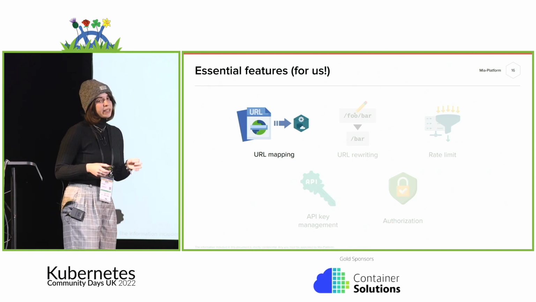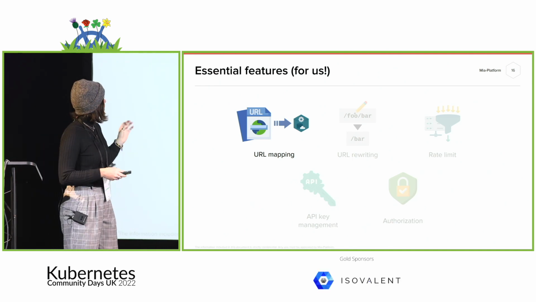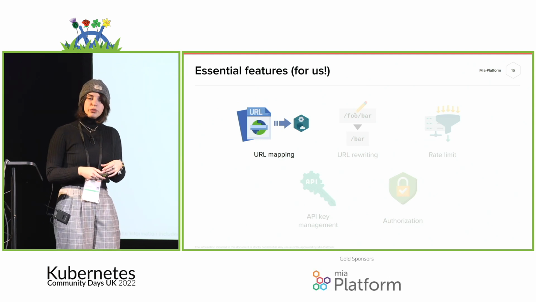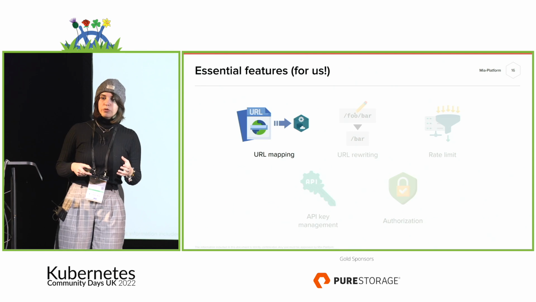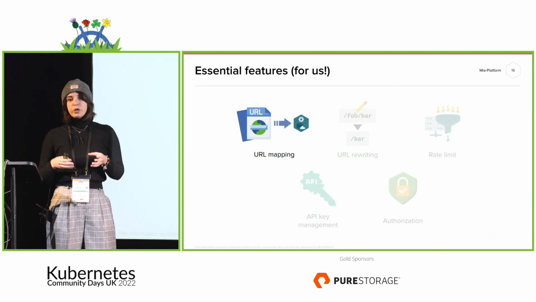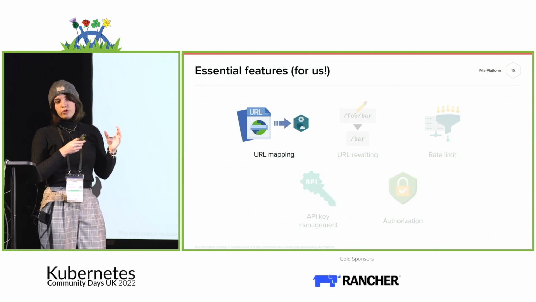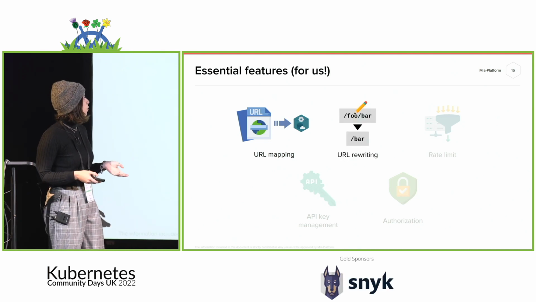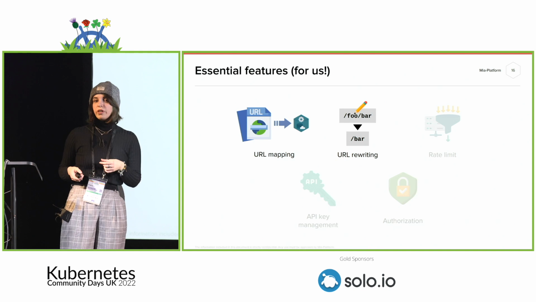For an API gateway, it is essential that it should be able to map a URL to the underlying microservice in order to redirect the request correctly to the service underneath. And this usually comes with this other feature, which is URL rewriting.